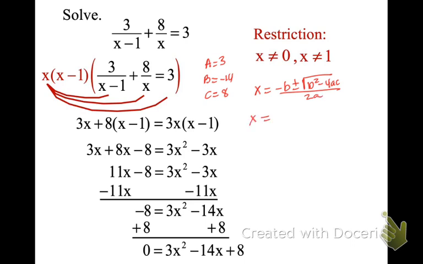So x equals negative 3 plus or minus the square root of 3 squared minus 4 times 3 times 8 all over 2 times 3.